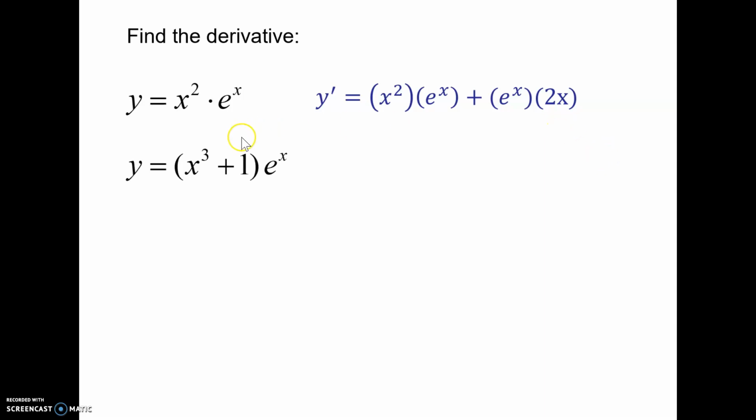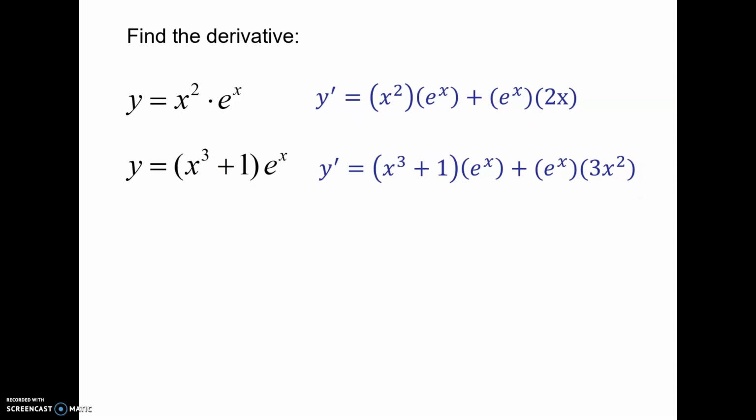Notice I have a polynomial function multiplied by an exponential function. I have a function times a function. The product rule says the first function, don't do anything to it, times the derivative of the second function, plus the second function, which is e to the x, times the derivative of the first.